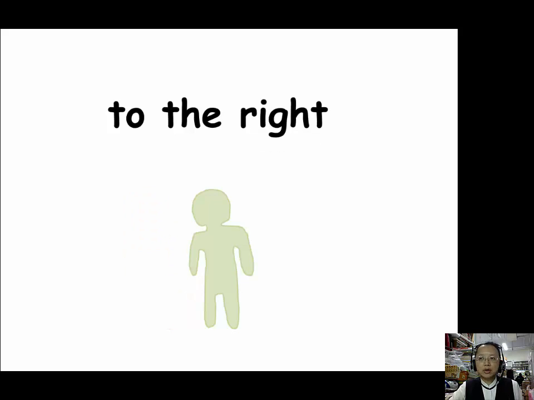If they are on the right side of the reference object, or turning right or clockwise, we use dextro, D-E-X-T-R-O.